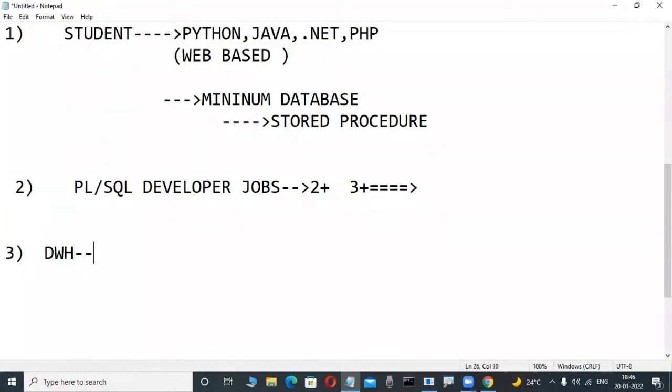In that there are ETL programmers and reporting programmers. ETL means extraction, transformation, and loading tools. These persons need a little SQL knowledge; PLSQL is not required. Having an idea of SQL, they learn tools at institutes. Informatica is a very popular tool.